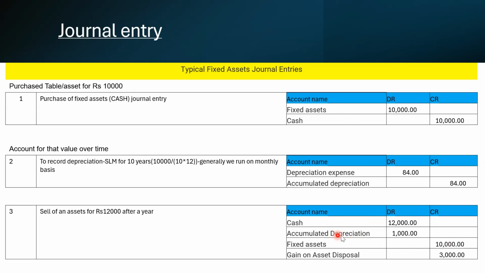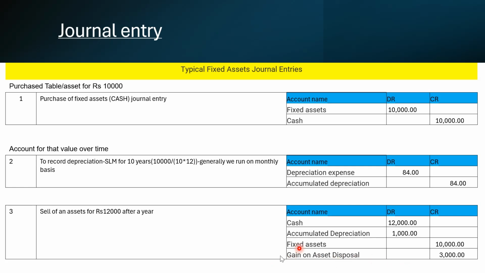Your depreciation again will go as a contra entry, but in this case it will be for 1 year, because I already used it for 1 year. So this is for just 1 month, so just consider 1 year, and when you do the rounding, it will be around 1,000 approx. Then whatever is there, the balancing amount, will be a gain, or gain on asset disposal.